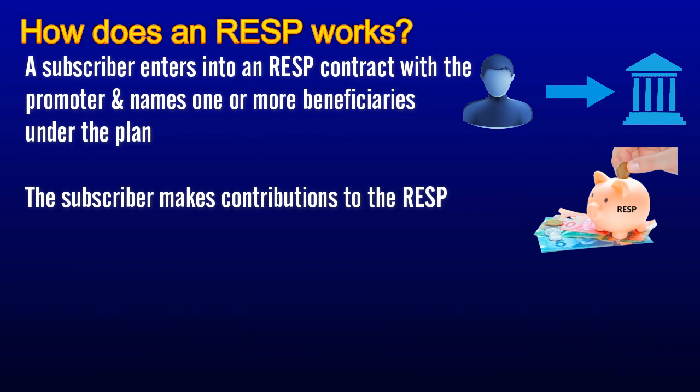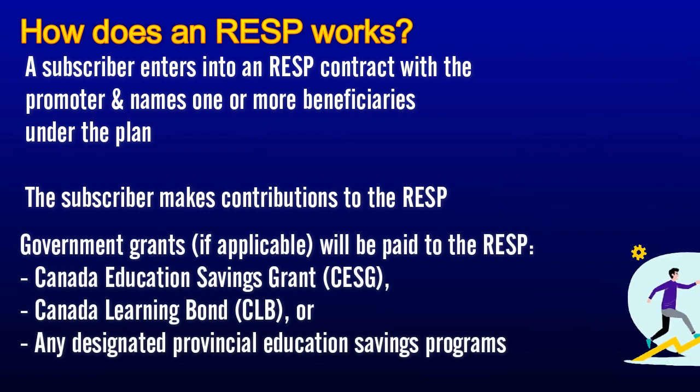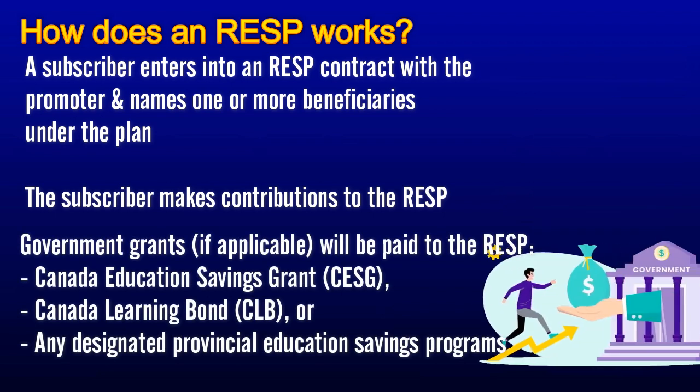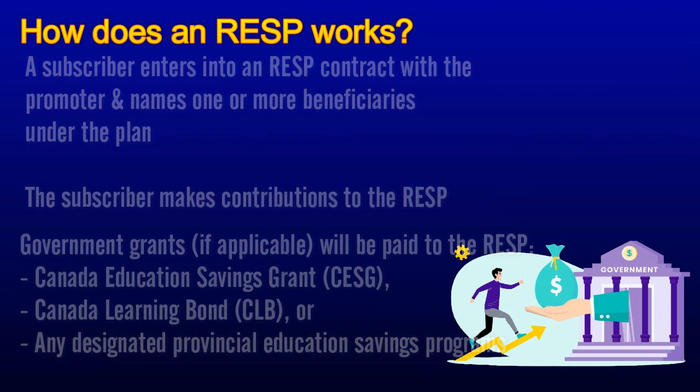Once you open the RESP account and make contributions, if you are eligible, you may get government grants which will be paid into the RESP. It can be either the Canada Education Savings Grant, CESG, the Canada Learning Bond, CLB, or any designated provincial education savings programs. Let's talk about these grants in detail.